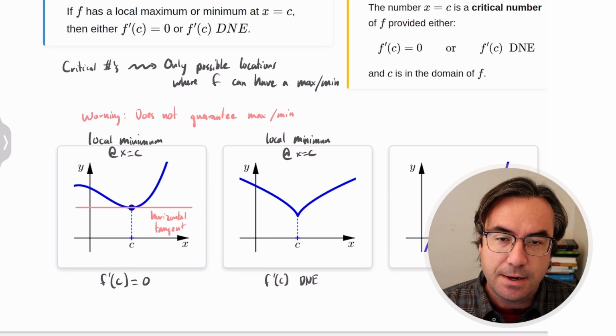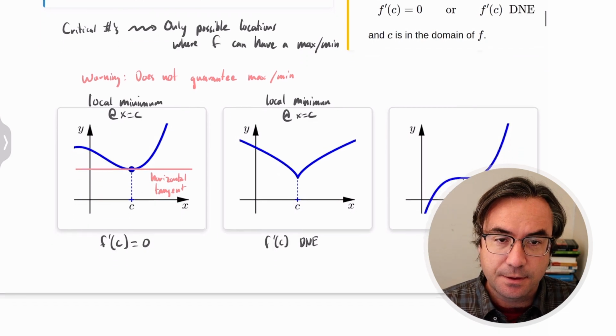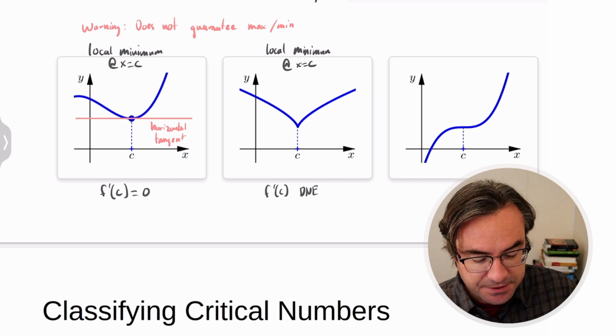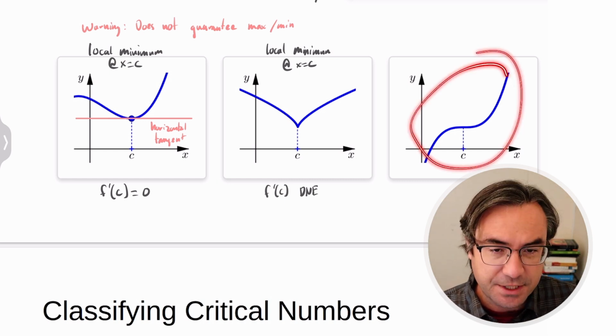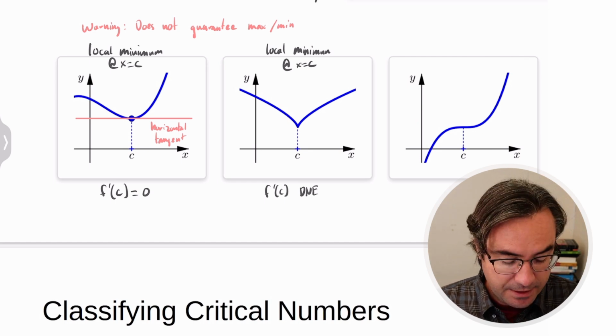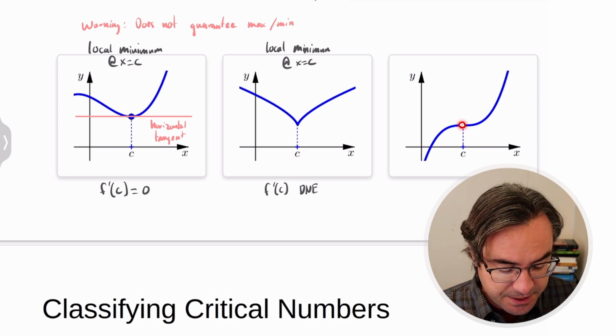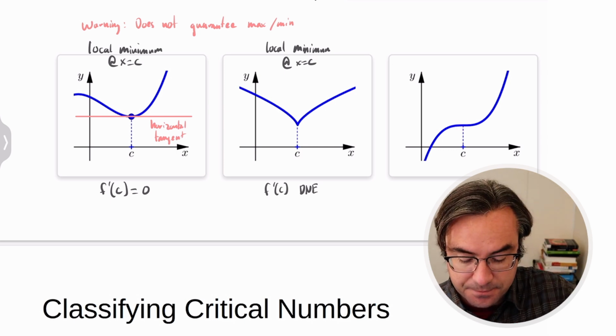Now, one other case that can happen is something like this. Just to give another example, at number x equals c here, this is neither a max nor a min.